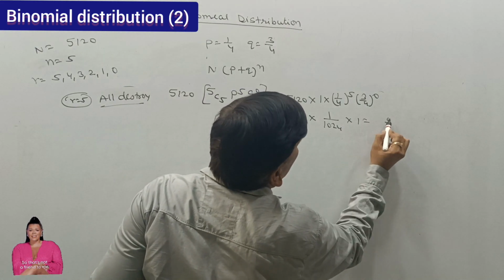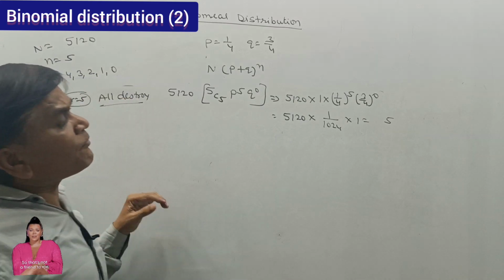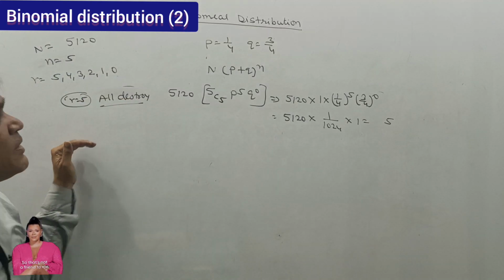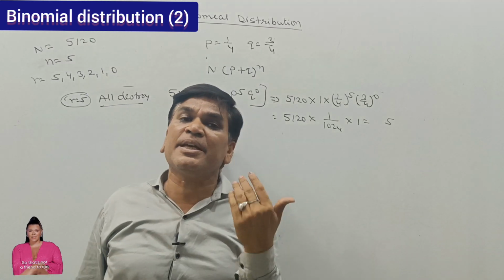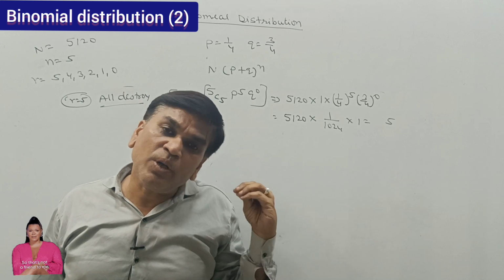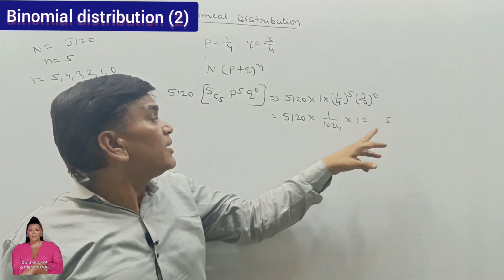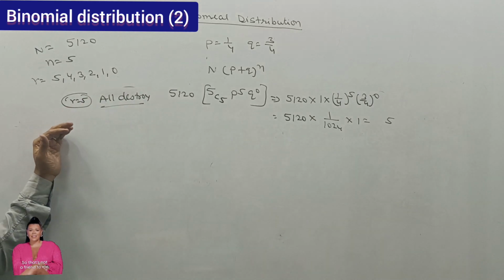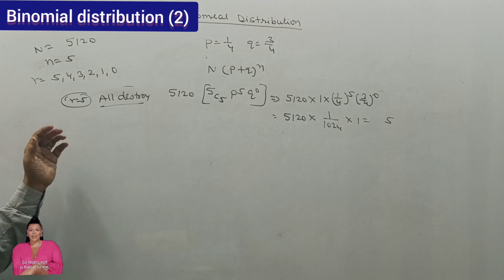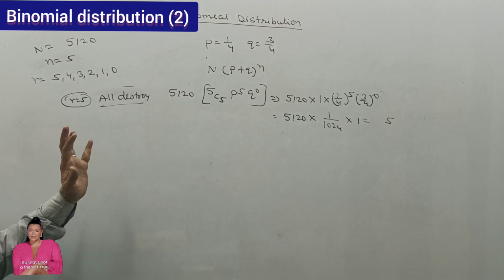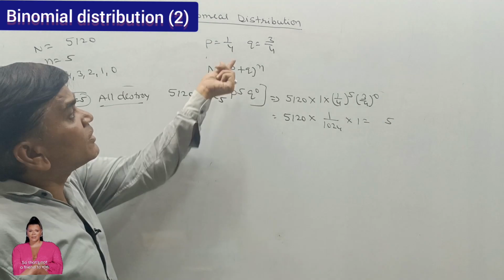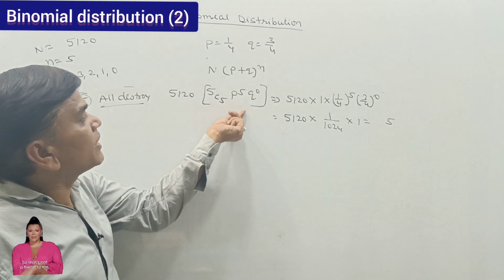Multiply this, so 5 flower beds are related to this which don't have any cultivation. All 5 seeds will be destroyed. So first we have calculated how many beds will have no cultivation. All 5 destroyed.